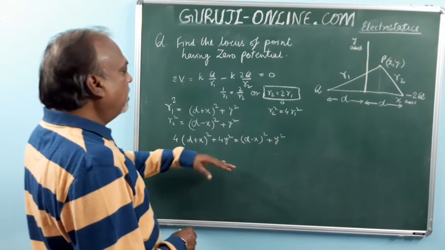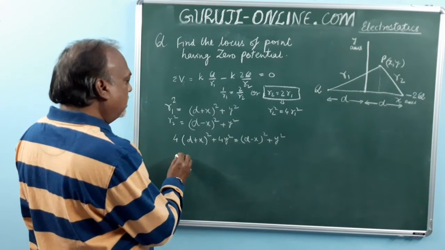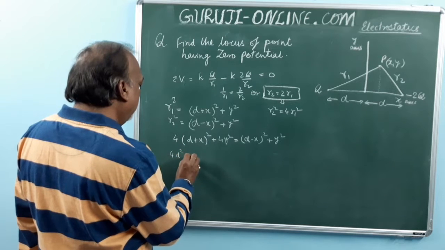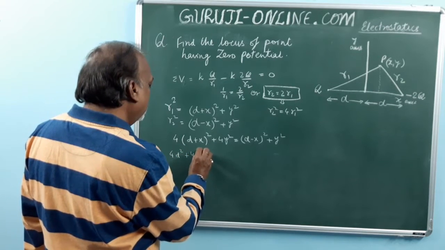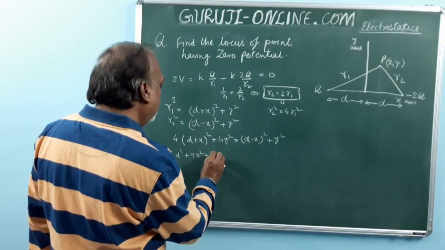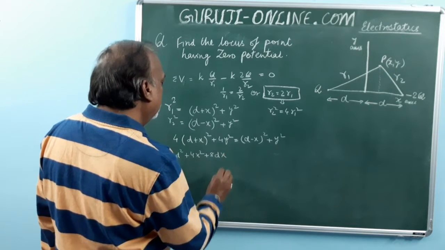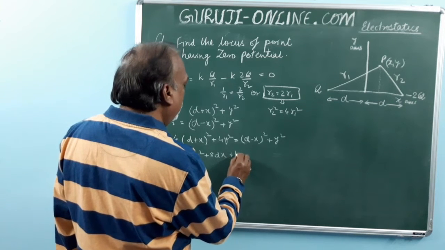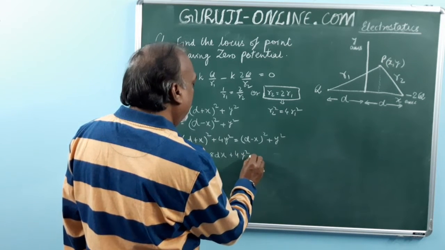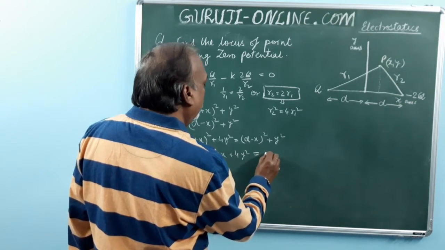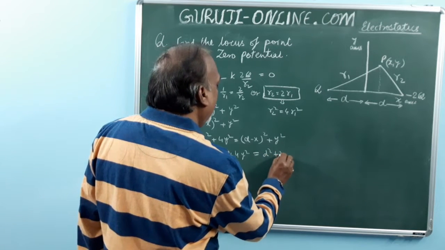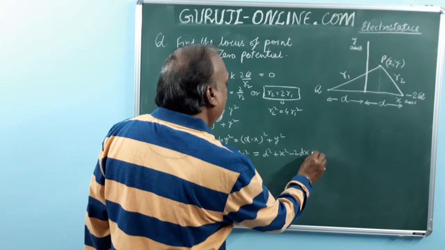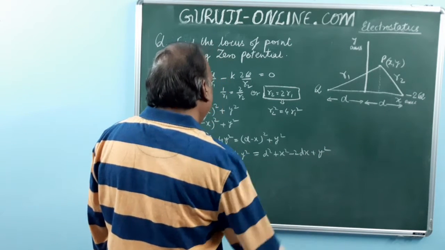Suppose now we open up, then this will be equal to 4d square plus 4x square plus 8dx plus 4y square is equal to d square plus x square minus 2dx plus y square.